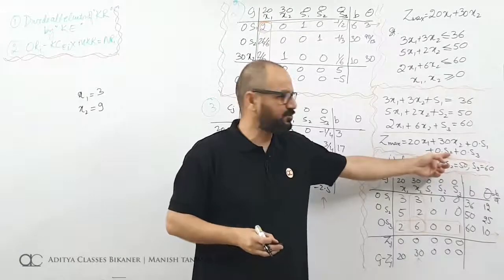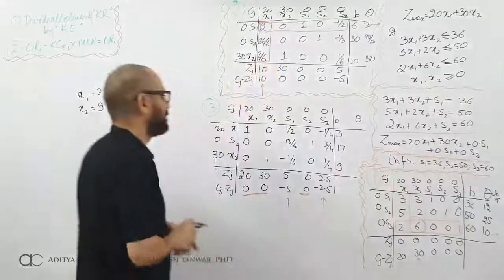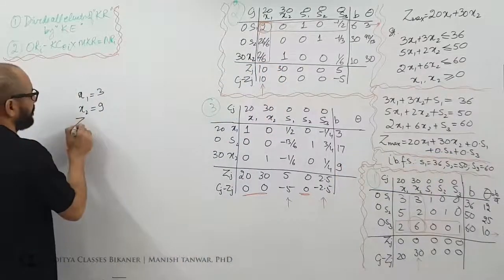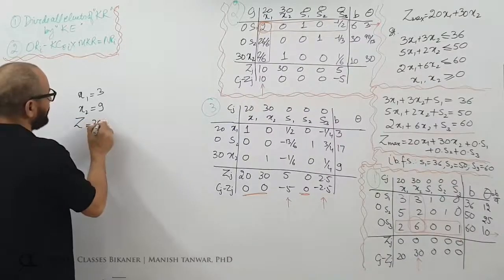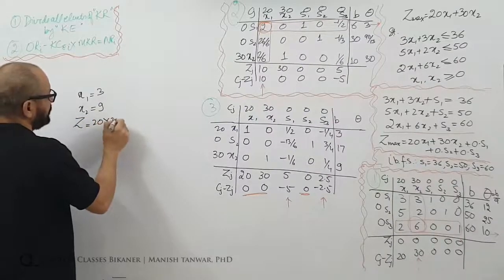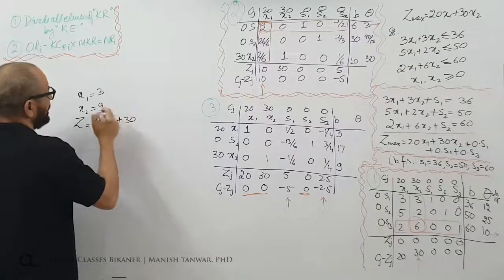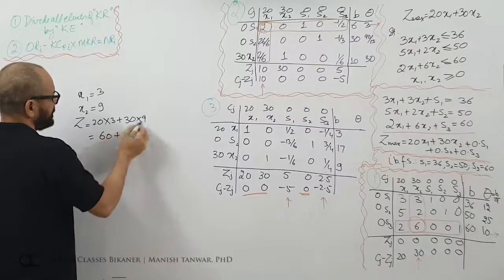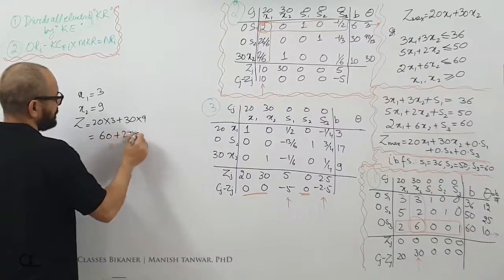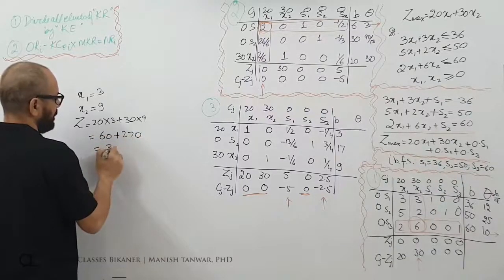We have a slack of S2, but it is not contributing to the objective function. So we can leave it, and Z would be 20 x1 plus 30 x2, making it 60 plus 9 3s are 27, making it 330.